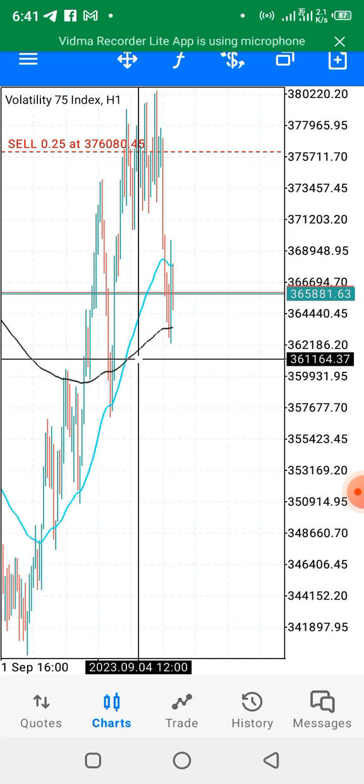Let me write it down. 361164.37. All right, so that's our take profit. We are saying once the market gets to this particular price, it should close us in profit. All right, so let's go back.